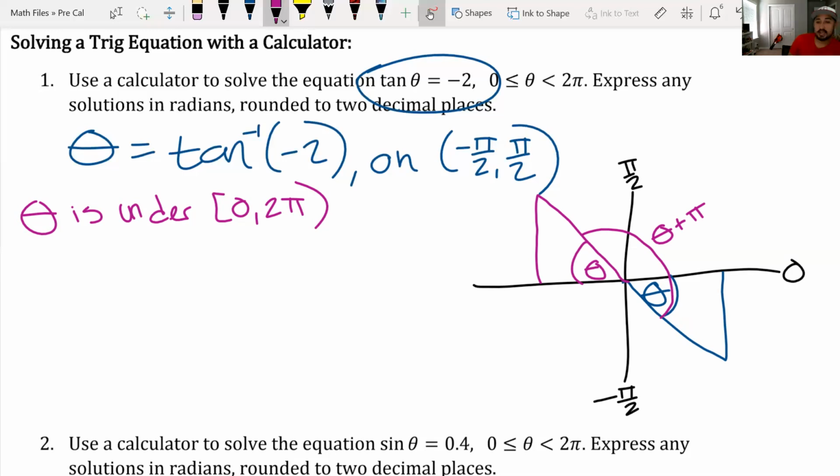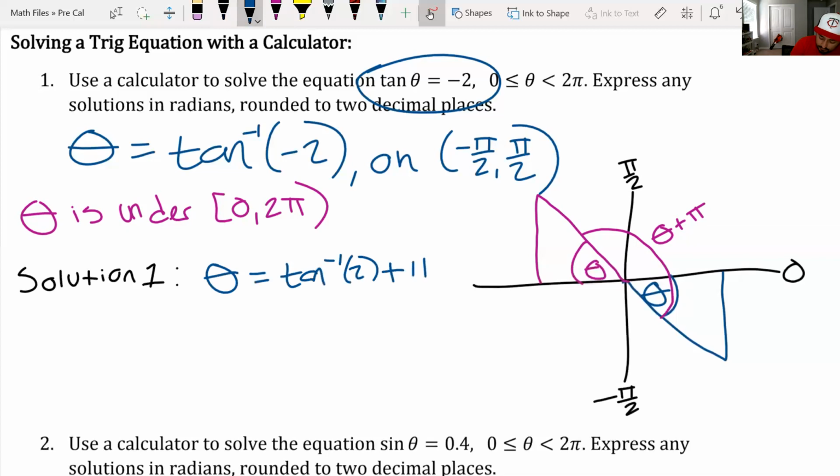So I'll say solution 1: theta equals the inverse tangent of -2 plus pi. And if I do that, to 2 decimal places, I'll get the answer of 2.03.